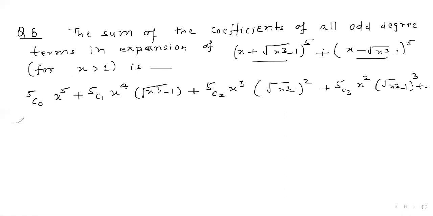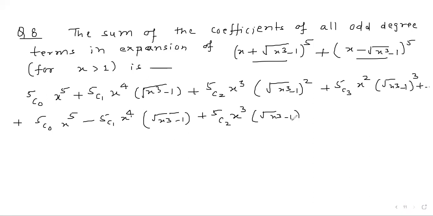And plus 5C0 x power 5. This term will become negative. So 5C1 x power 4 root x cube minus 1 plus 5C2 x power 3 (root x cube minus 1) whole square minus 5C3 x square times (root x cube minus 1) whole cube.